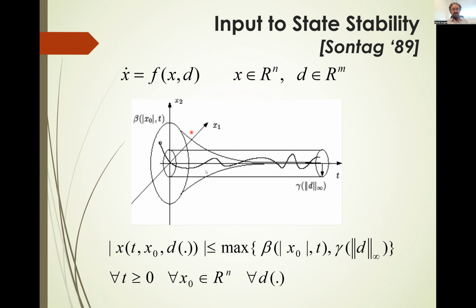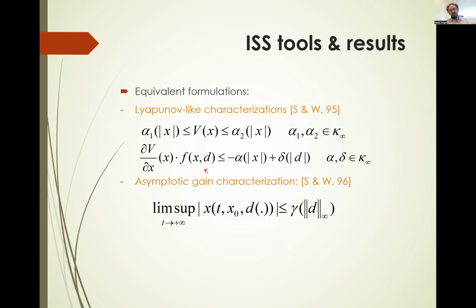So this is a nice property, and some of the things that have made this concept so popular are that it's a fairly natural formulation, and it turns out it has many equivalent characterizations. The most important one, I recall it here, is, for instance, the Lyapunov-like characterization.